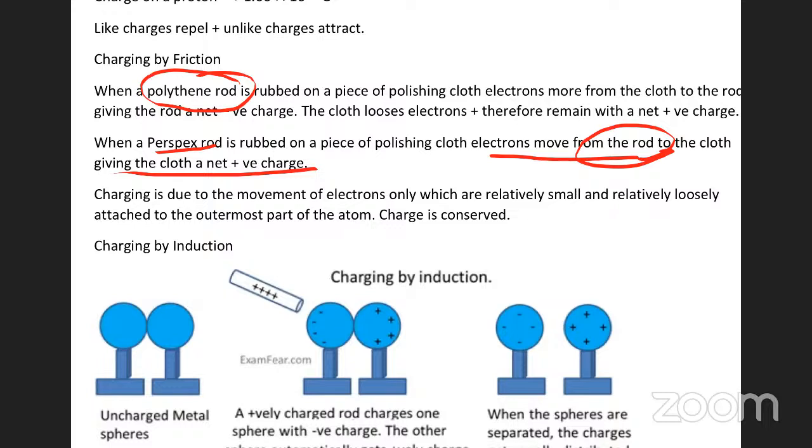All right. Charging is due to the movement of electrons only, which are relatively small and relatively loosely attached to the outermost parts of the atom. So all that's being said there is that the electrons are moving. The outermost electrons are not really attracted too much to the nucleus. Those electrons are the ones that are moving around. That's okay. All right.